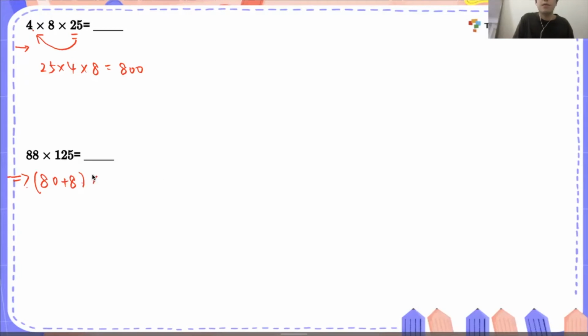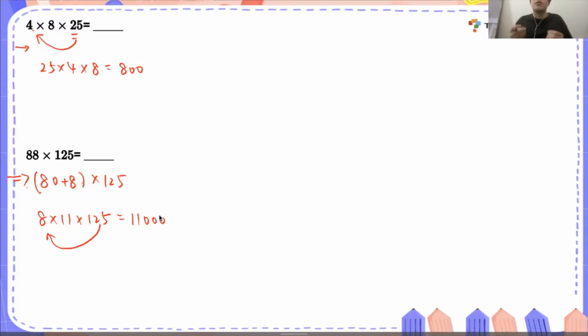So that we do this distributive law. But I think in this question, we should just separate 88 into 8 times 11 times 125, and we just combine 125 and 8, that is 1000, and then we times another 11, that is 11 thousand, right?